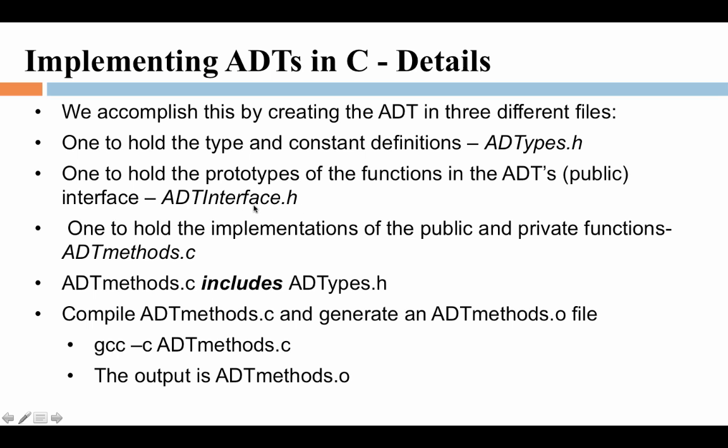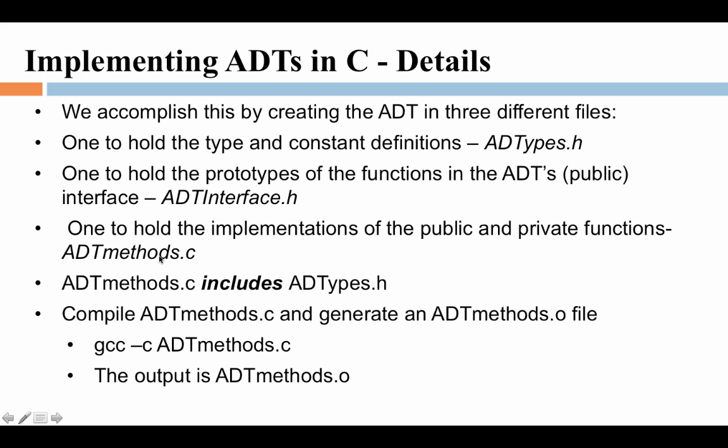This contains the prototypes of these functions. Recall from the previous week what the prototype of a function is. It is a function name, with the arguments and the return values listed. It is not the function definition, it is just a function prototype. You put the function prototypes in the interface.h. So this is a second header file.